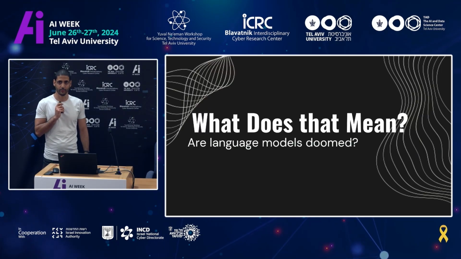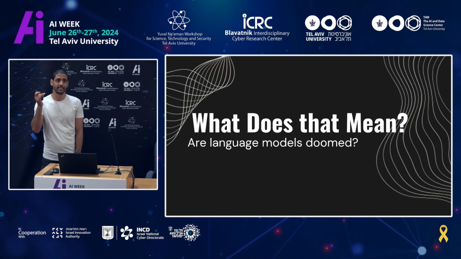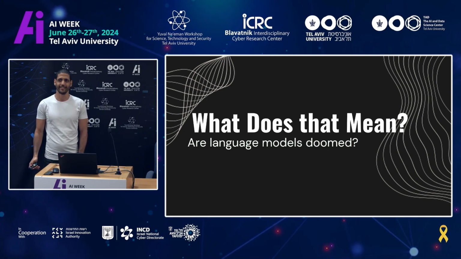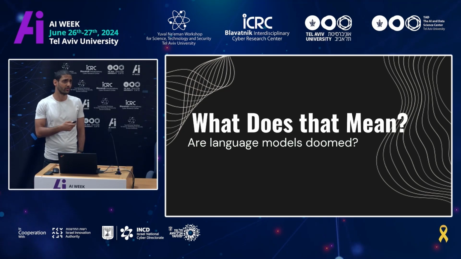And so basically, I want to leave you with this question. We saw this phenomenon and we asked, what does that mean? I'm asking you this, and try to think about it when you use language models for your own work or for your companies.